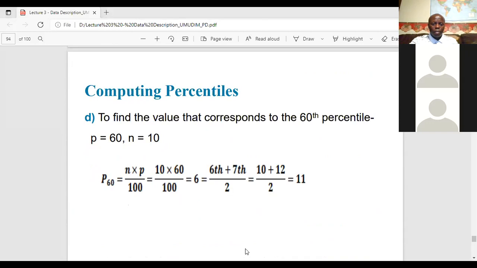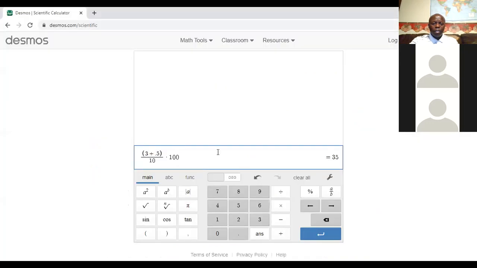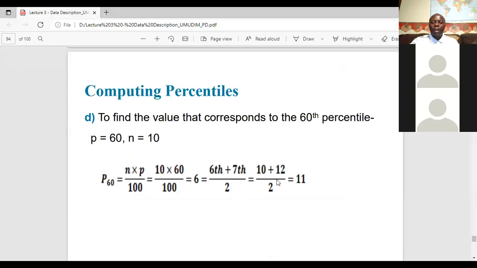So from the calculator, we have 60 times 10 divided by 100. You get the number 6. There's no decimal here. So whether you are computing quartile or percentile, so long as there's no decimal part, we get the 6.